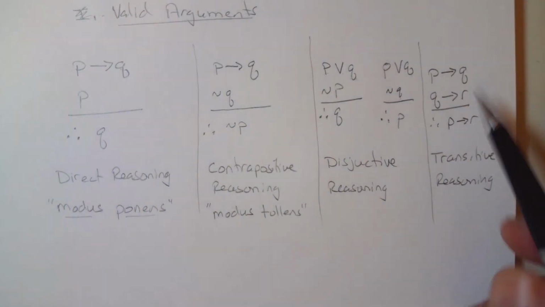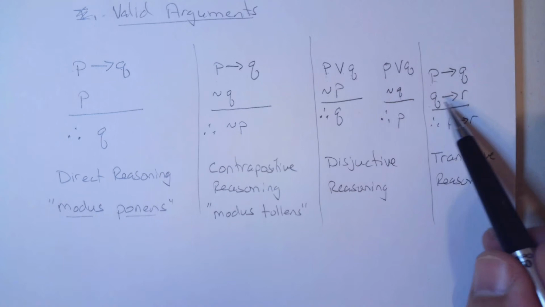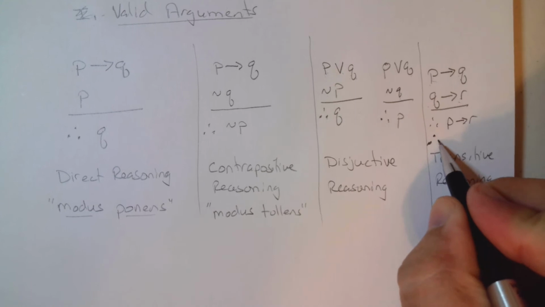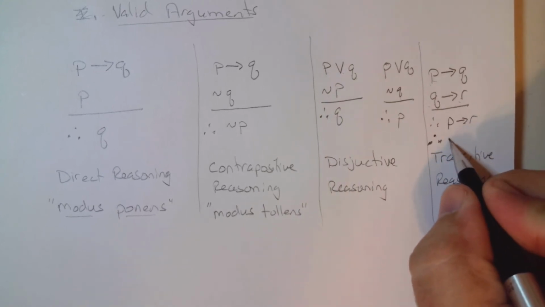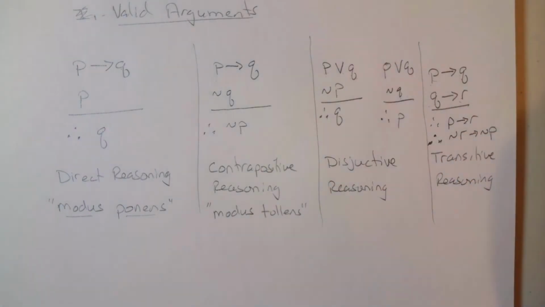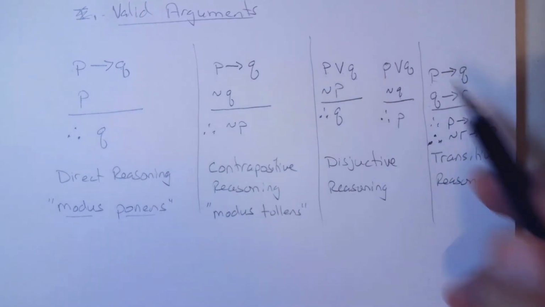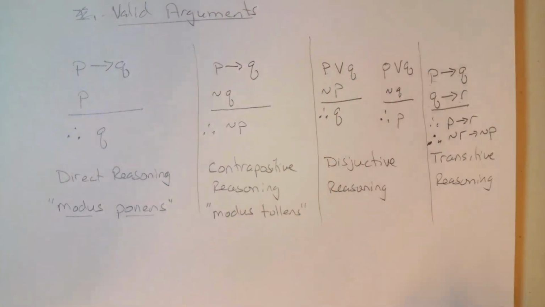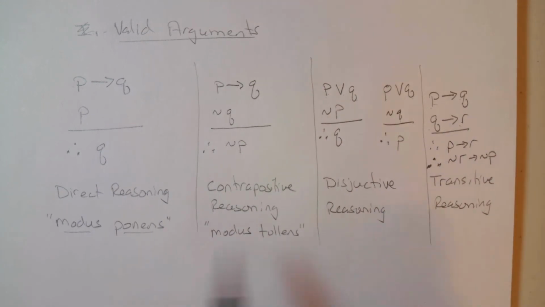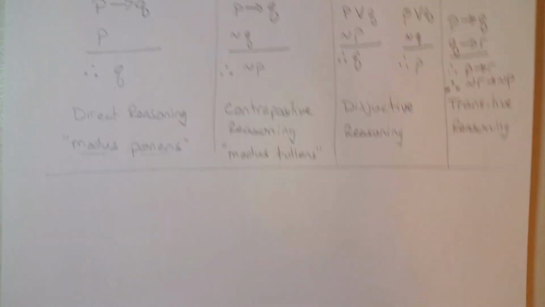You can transfer logic from one to another. We can also look at the contrapositive of it: if not R, then not P. If A is B and B is C, then if I don't have C, then I didn't have A. So these are all the valid arguments. If you see any of these patterns, then you know the very last column of your truth table will be true.